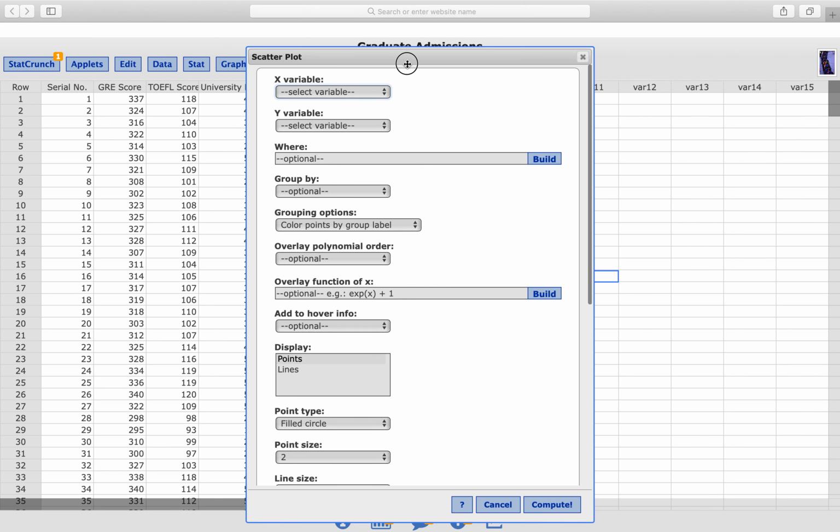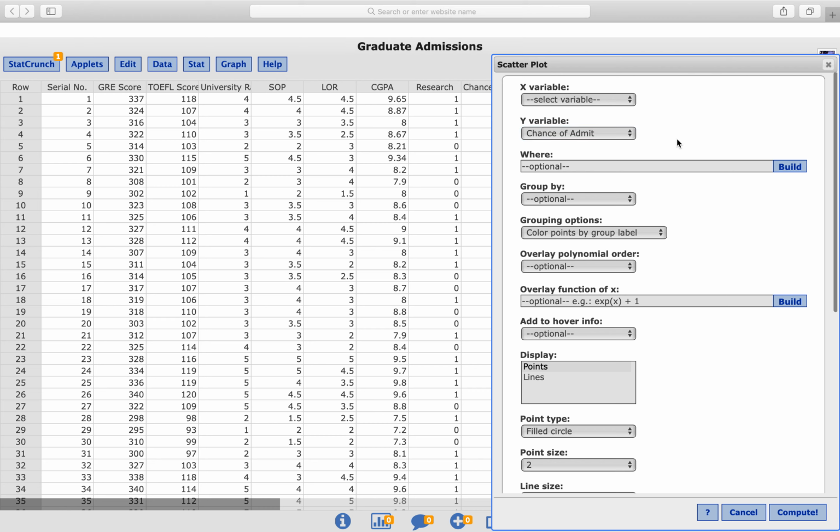So our x will be our independent variable and our y will be our dependent variable. So we want to see if the chance of admission is dependent on their GRE score. So their GRE score, we're going to see if that has a relationship with their chance of admission. Once we do that, we can leave everything else as the default and we can hit compute.